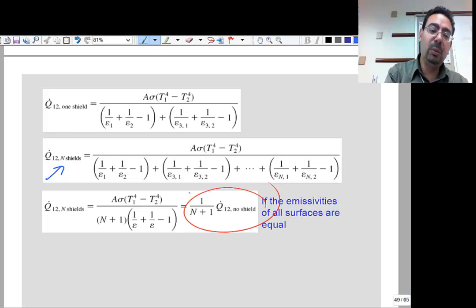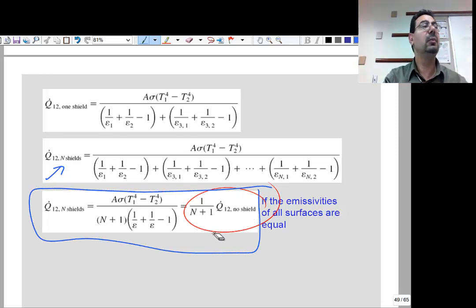So here is the formula that you would use for n shields. To start with, this is the formula if they have different epsilon, but if all of them have the same epsilon, that makes the problem much easier. This would be the formula.